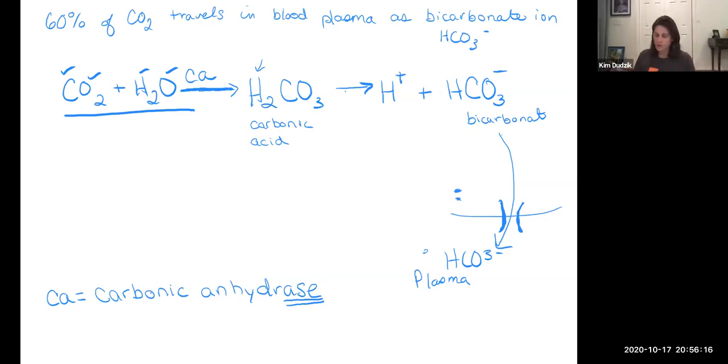We don't want to do that. Well, your plasma also carries chloride. So to balance a negative ion leaving the red blood cell, chloride is going to move into the red blood cell, and that's called the chloride shift. I'm going to call that right here the chloride shift.